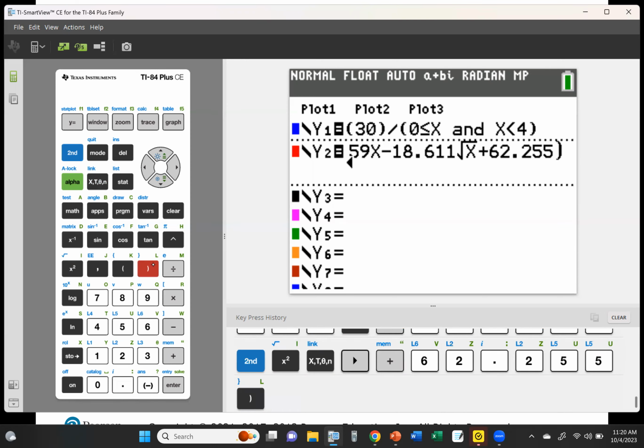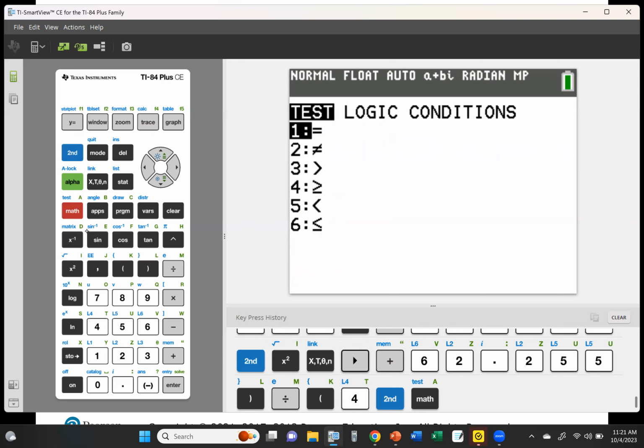Now I have the equation in, and we're going to put in the domain. So the division symbol, open parentheses, and this is between 4 and 55.9 inclusive. So we're going to put the 4, the less than or equal to symbol.